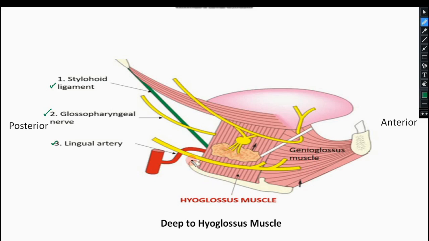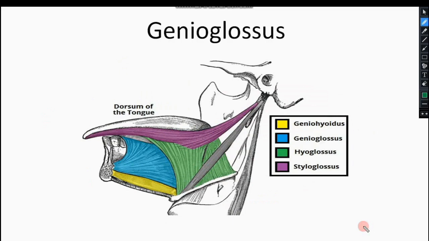Another muscle, not in this image, deeper in the posterior aspect, is the stylopharyngeus. This is important from the examination point of view, as a frequently asked question is what the structures deeper to hyoglossus are, and you have to answer all these. Genioglossus is a very important muscle, for your examination as well as for clinical practice.